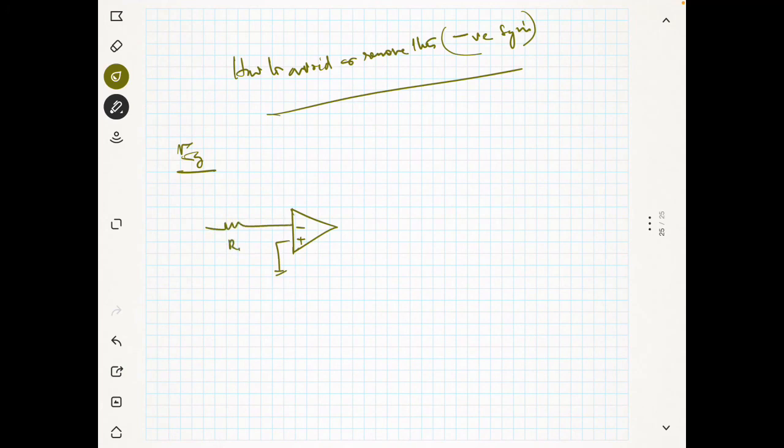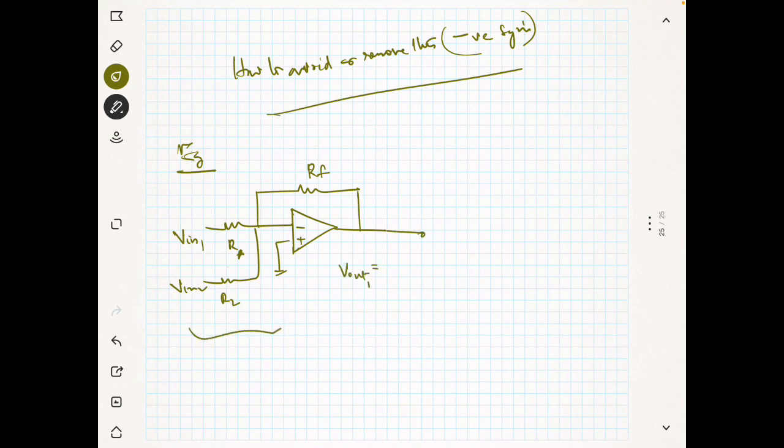This is your R1 and this is your R2, and this is your V in 1 and V in 2, and you can have Rf here. So what is your output here? V out 1, this is the first stage. It is minus Rf by R1 into V in 1 plus minus Rf by R2 into V in 2.